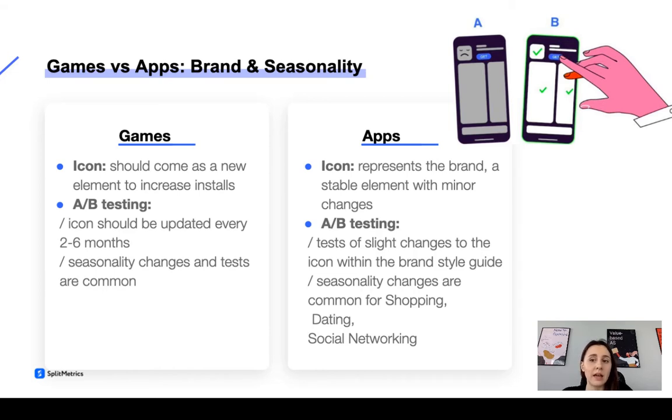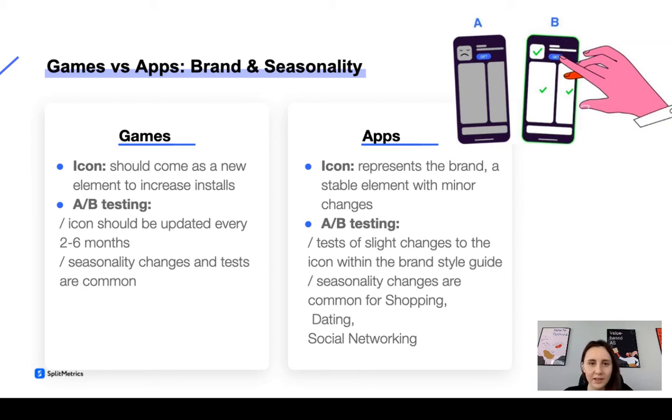Games A/B test icons more often than apps, and for apps the icon is a more stable element. Very often it represents the brand, and it's recognizable, and if you change it, it's pointless. There's no point in killing such a conversion trigger.